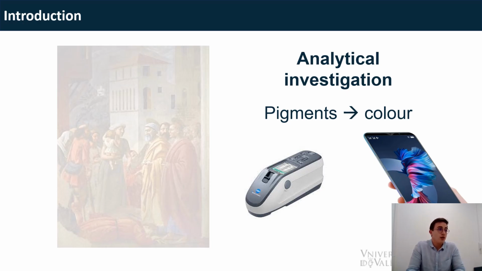To study color, maybe the most common technique is a spectrophotometer. This is a portable reflectance spectrophotometer, which basically gives us the chromatic coordinates of the spot that we're measuring. But there is also the option to measure that sample through digital analysis. In this regard, smartphone cameras are devices that take the color information of whatever they are capturing.